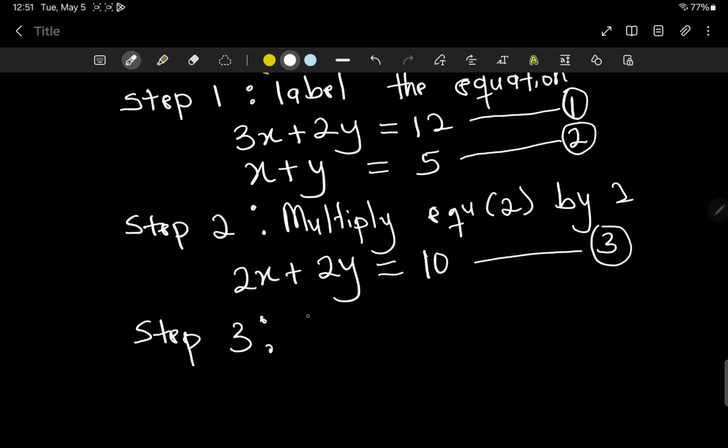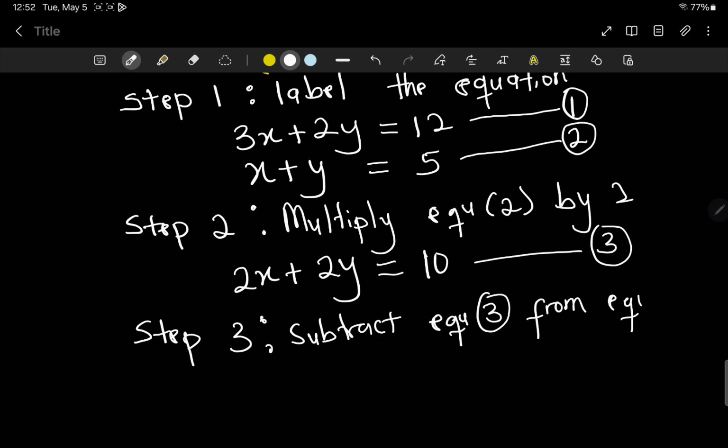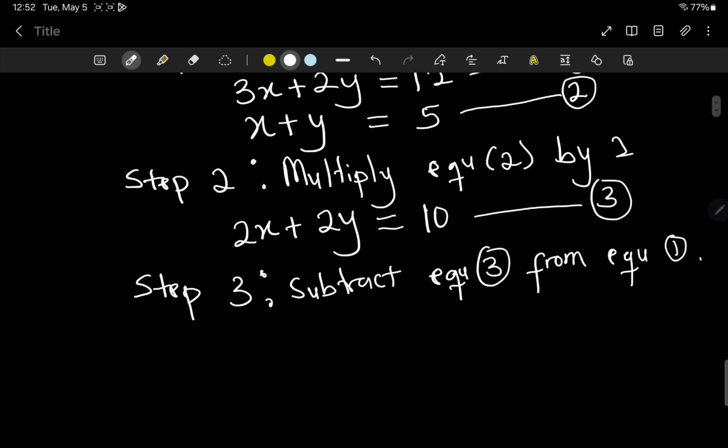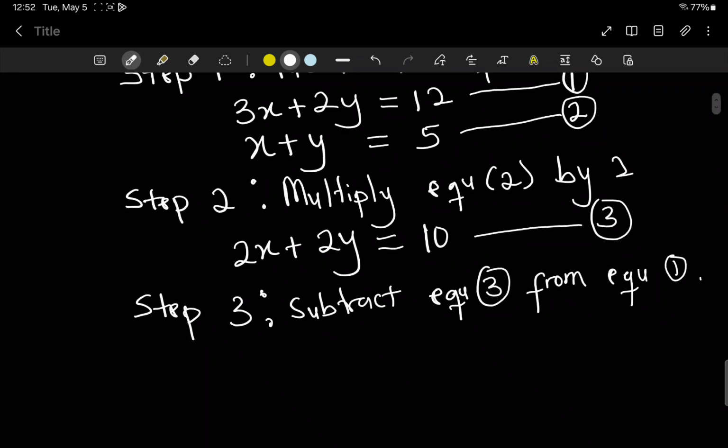So we will say that subtract equation 3, right, from equation 1. Okay, so let's do that subtraction. So we are subtracting this equation from this.